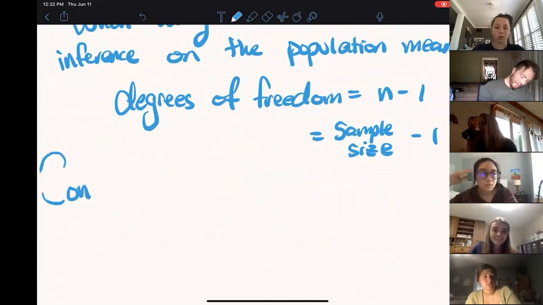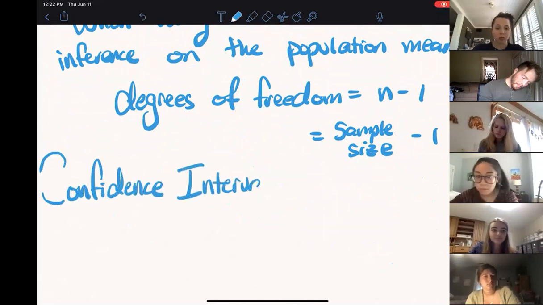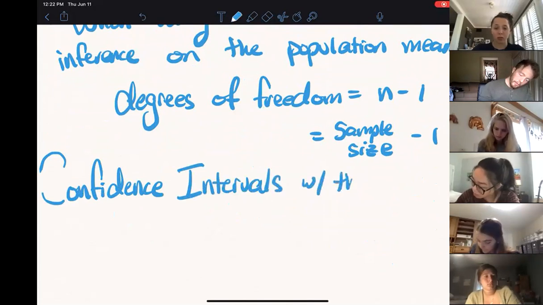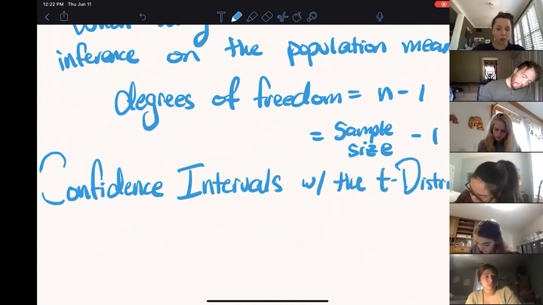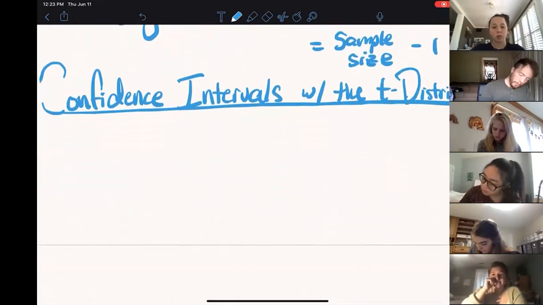So confidence intervals with the t distribution. Okay.